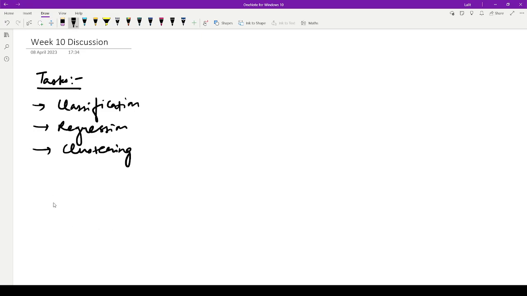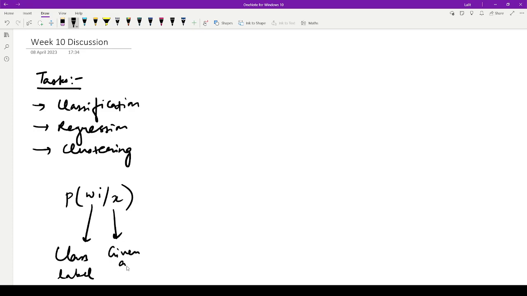The Bayes theorem is very simple, but in terms of classification, what it says is you are trying to predict the class. This is the class label, and this is given data, or given a data point.